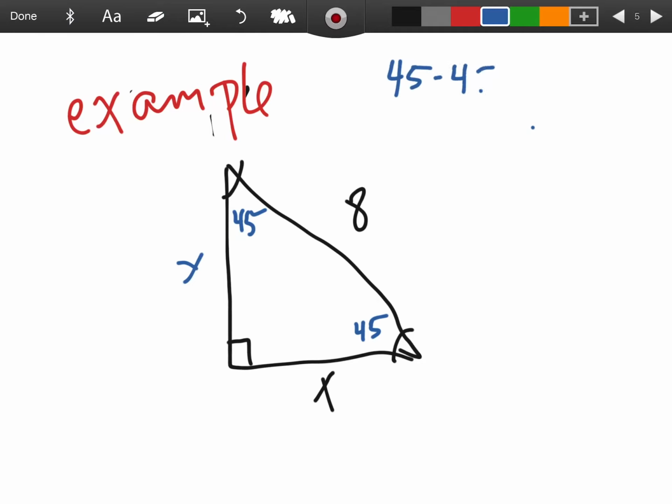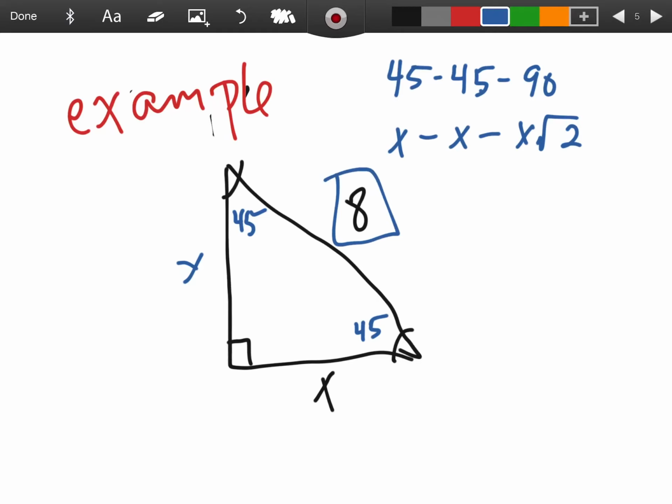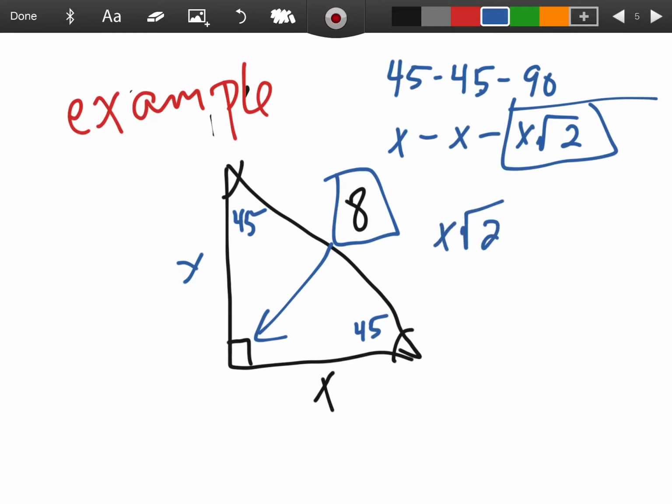45, 45, 90, we know has a ratio of x root 2. Well, this 8 is in the position, it's opposite this 90-degree angle, meaning that it represents this x root 2. So I'll just set it up as x times root 2 equals 8. So x equals 8 divided by square root of 2.